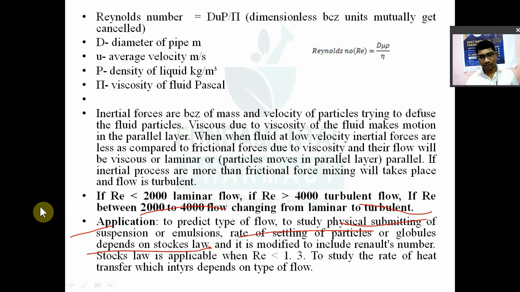If Reynolds number is more than 0.5, it is turbulent. If Reynolds number is less than 0.2, it is a laminar flow. So when modified to include Reynolds number, Stokes law is applicable when Reynolds number is less than 1.